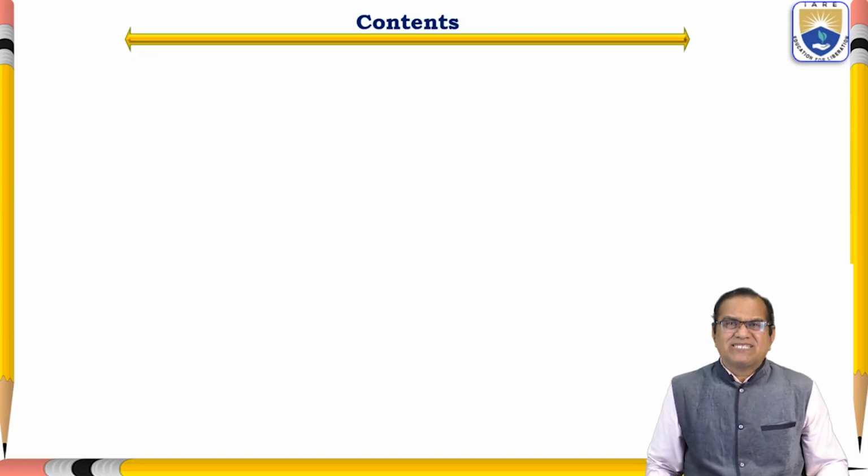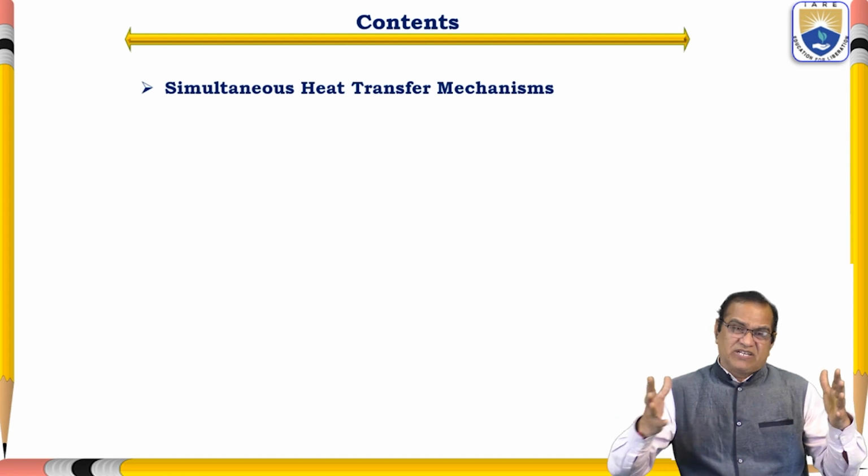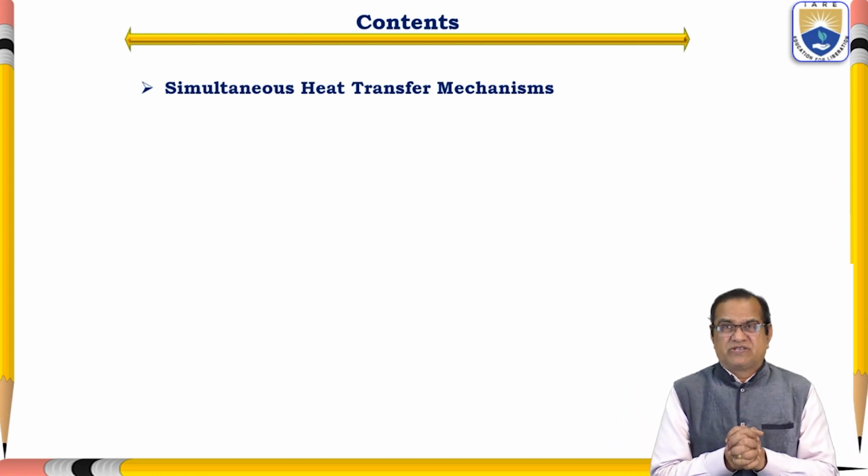So in today's lecture, what is the topic which I am going to take? It is part of this content. Here we will have simultaneous heat transfer mechanism. We will see it for different types of composites.